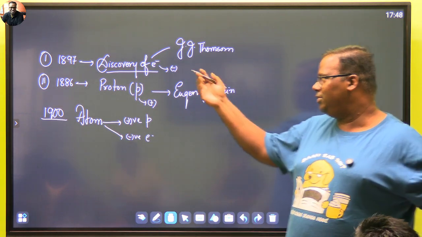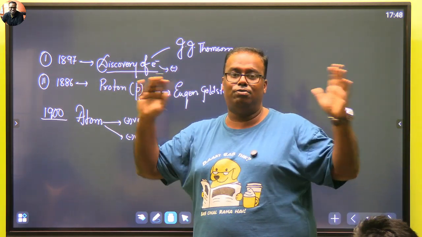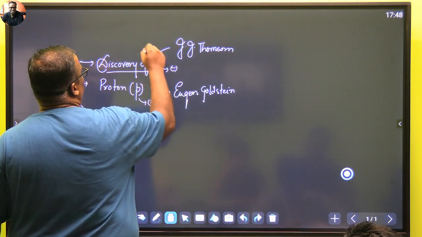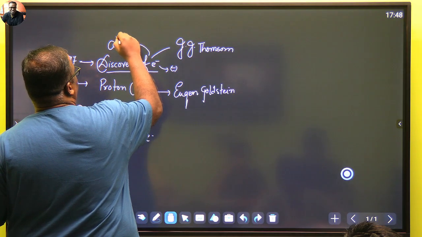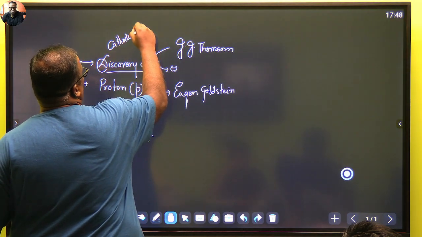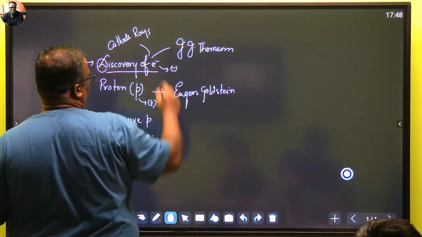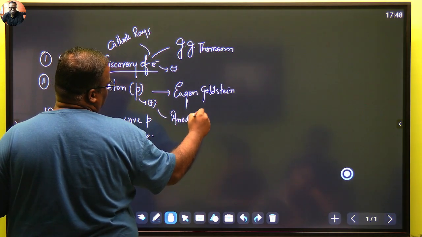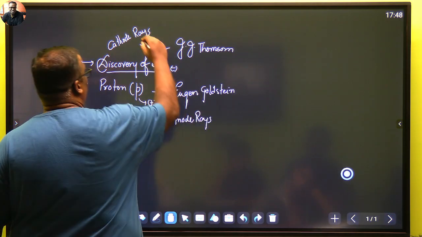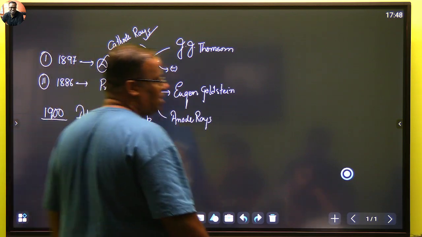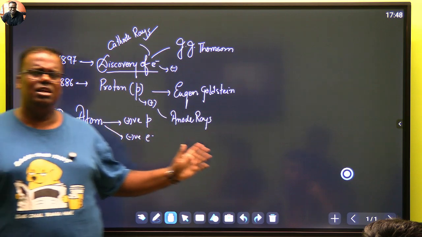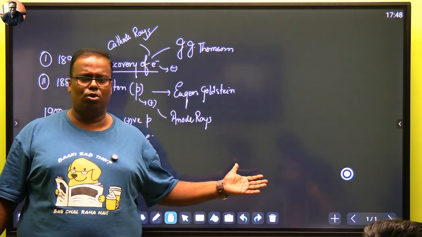Many years later, electrons were discovered as a result of cathode rays. Goldstein was working on anode rays, but he did not name them proton or anything. When cathode rays came out, people asked, is there something called anode rays? Then they found that in some study, anode rays were also documented.